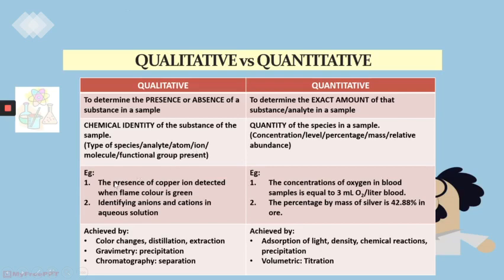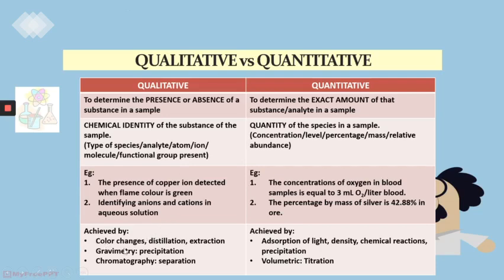Example of chemical identity: the presence of copper ion detected when the flame color is green, or identifying an anion and cation in aqueous solution. Referring to this example, you know the presence of copper ion in the sample when we do the flame test. The flame color is green, so you know the presence or the absence of the copper.